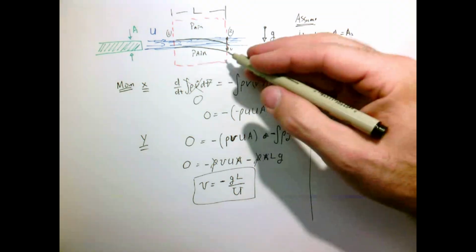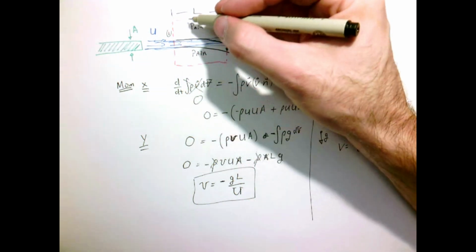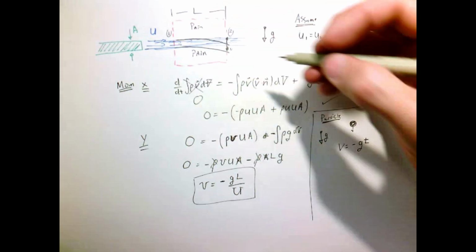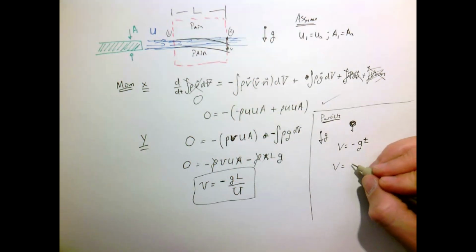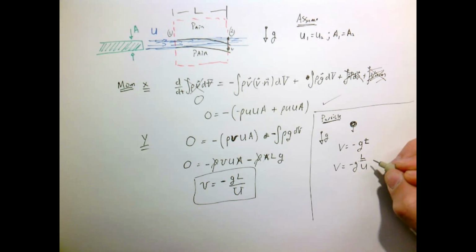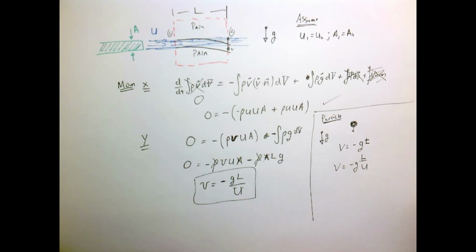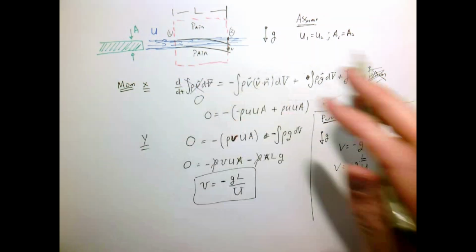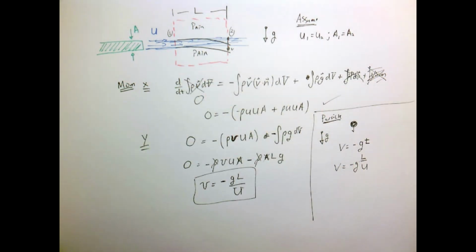So in our case, the time that it's been falling for is this length divided by that velocity. So if I substitute that in for the time, it's length divided by velocity, so we get the same result. So this is just to show you a simple, trivial example that if we include gravity, yes, things in fact do work out as we would expect.